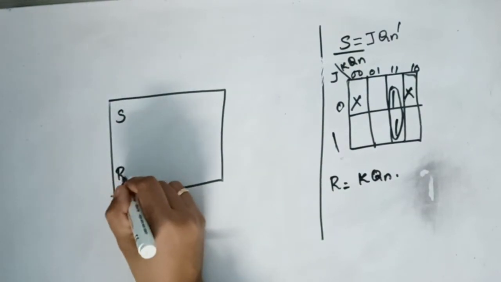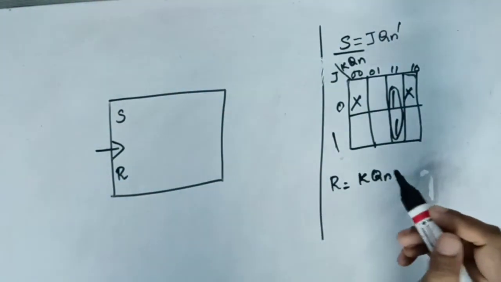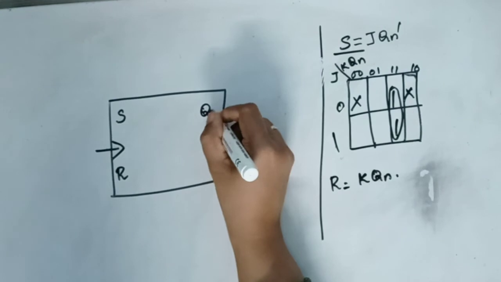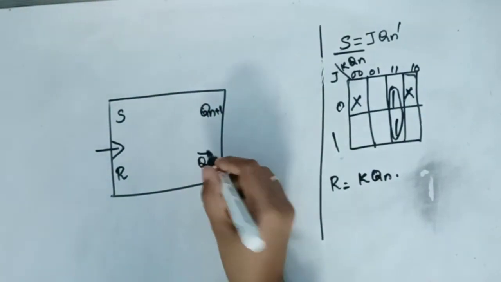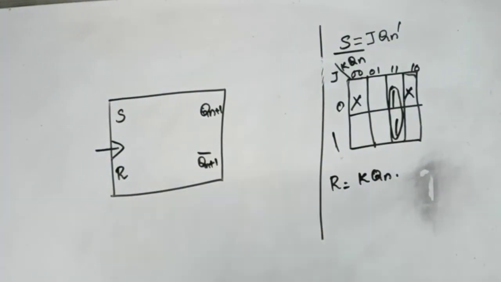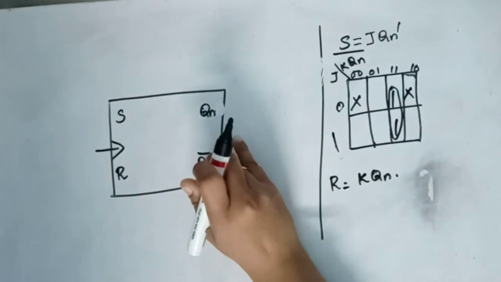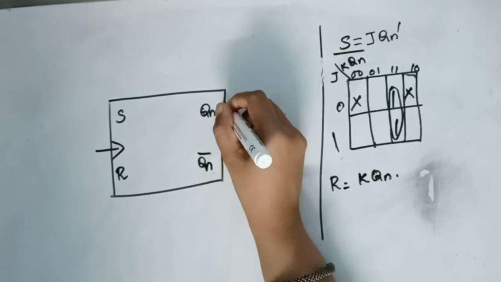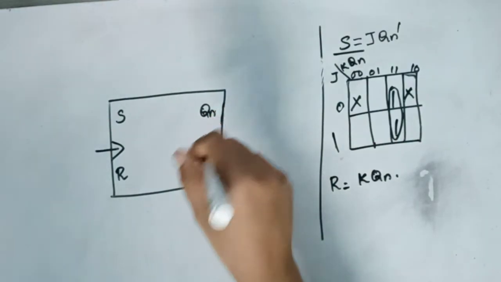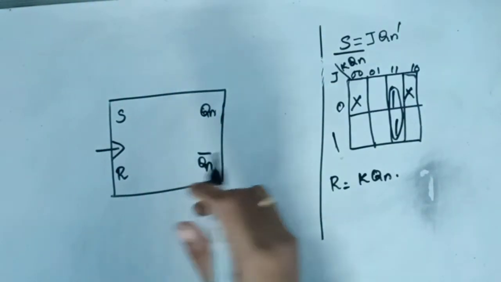So what we have is SR. Suppose I'm assuming a positive edge triggered flip-flop. This is Qn plus 1, Qn plus 1 bar, or since we are writing it in terms of Qn, we can write it as Qn bar. Qn plus 1 will also come here only at the next clock pulse, so that doesn't make any difference.